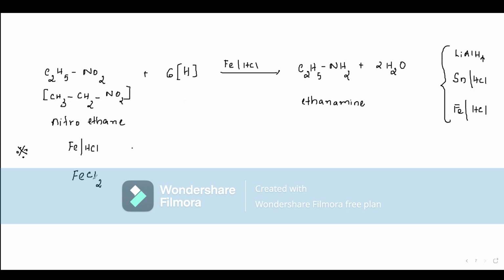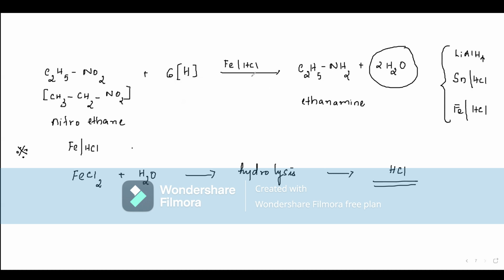Now, this ferrous chloride combines with water, the byproduct of the reaction. FeCl2 and water together undergo hydrolysis, and as a result it again produces HCl.